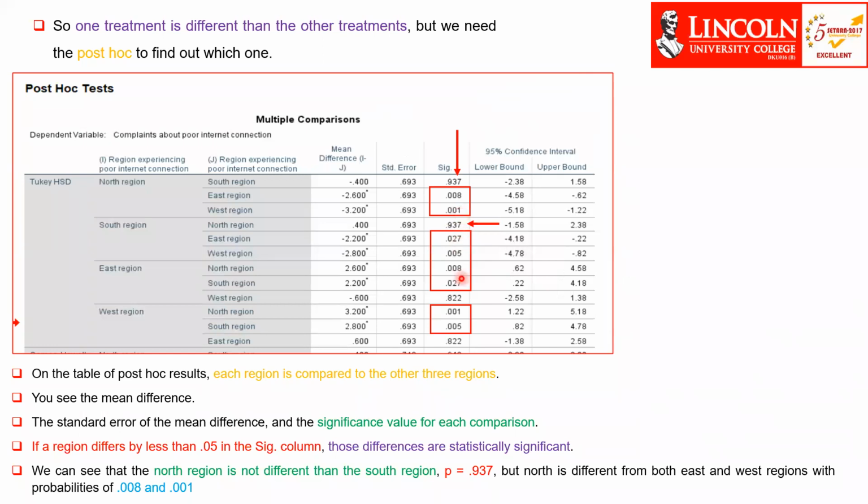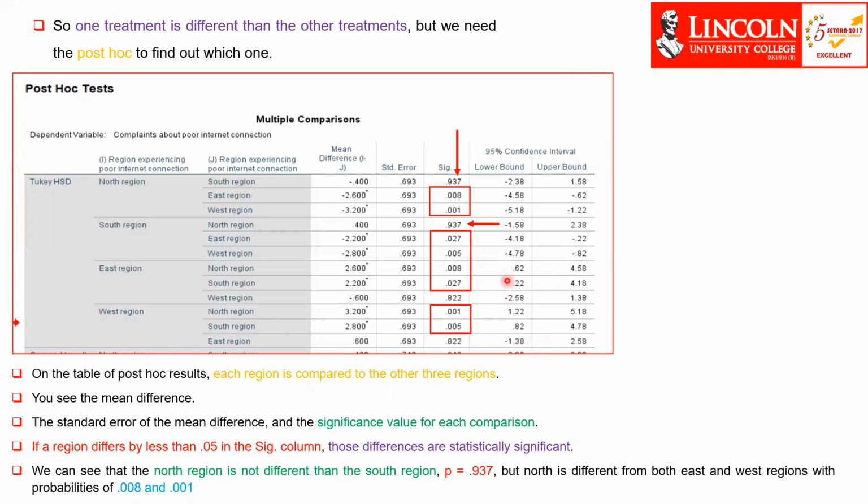Then we can see that the north region, which is here, this one, is not different from the south region. Why? Because the p-value here is 0.937, which is greater than 0.05. So that is why we conclude that this north region is not different from this.